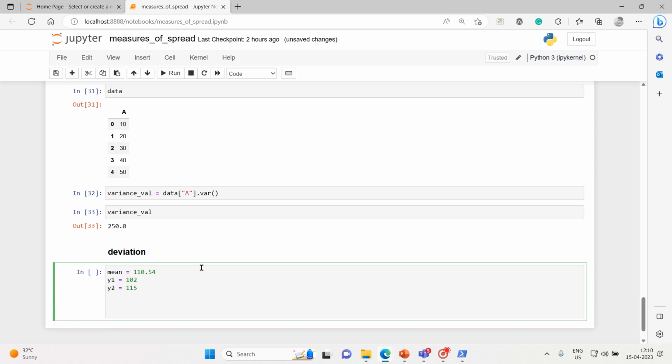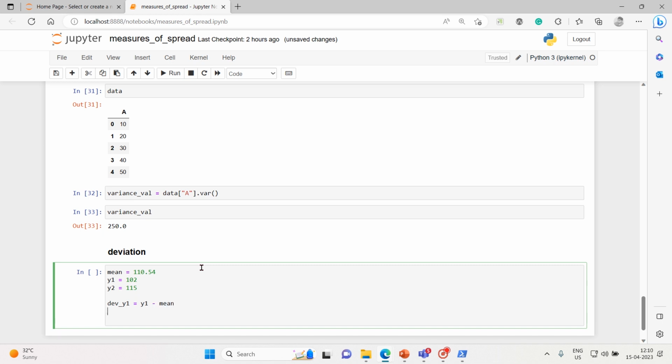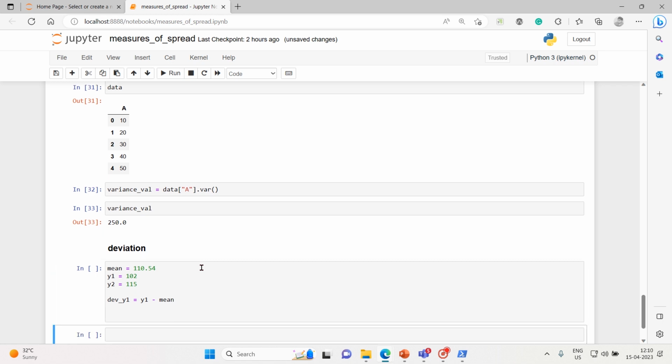So now the deviation for y1 is equal to y1 minus mean. Let me do this and execute.